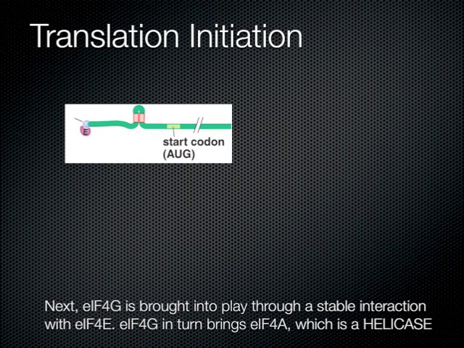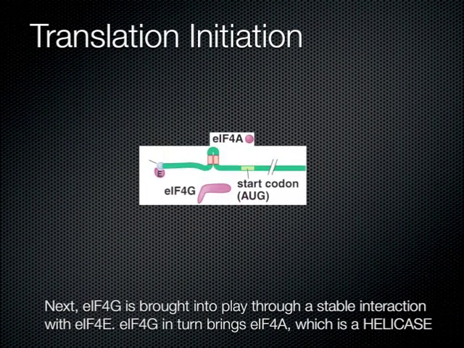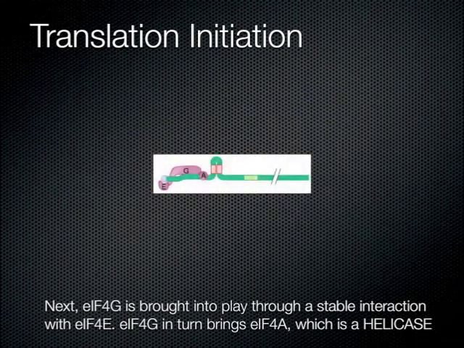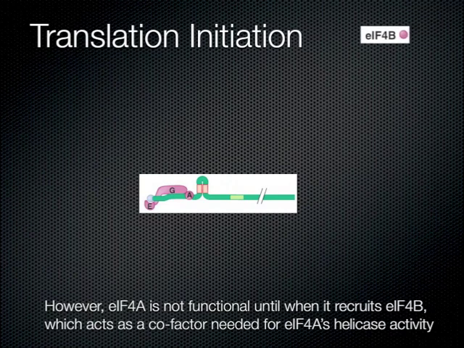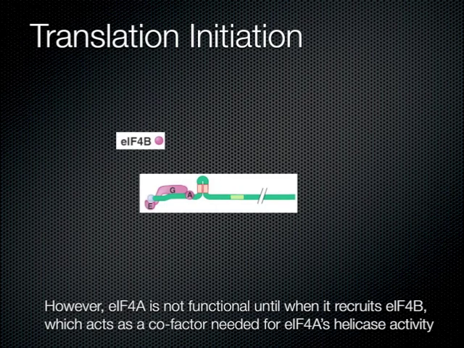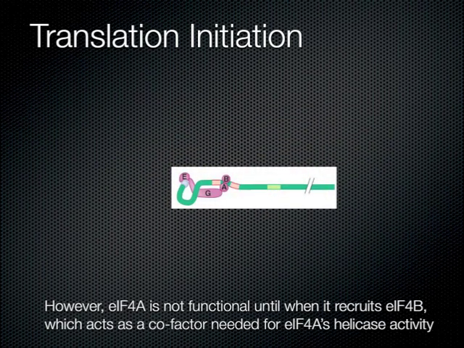EIF4G, in turn, brings EIF4A, which is a helicase. However, EIF4A is not functional until it recruits EIF4B, which acts as a cofactor needed for EIF4A's helicase activity.